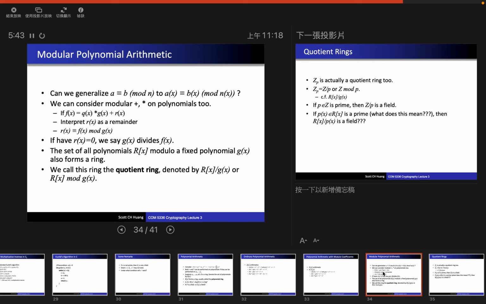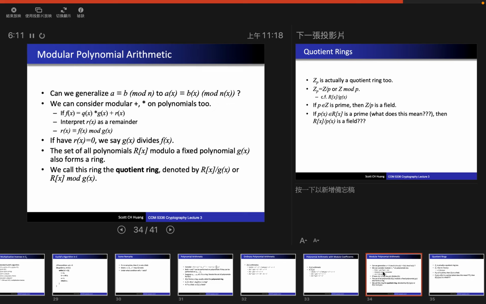So we can have a polynomial. This is called the dividend, the divisor, quotient, and remainder. These concepts can be carried over to the set of polynomials. We interpret this R(x) as a remainder, and then we can define congruence in the set of polynomials as well.